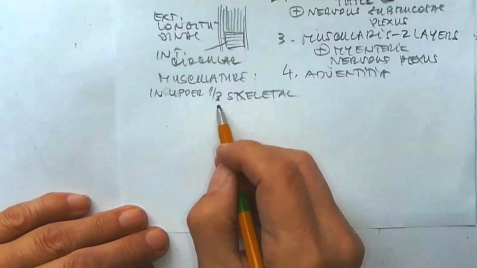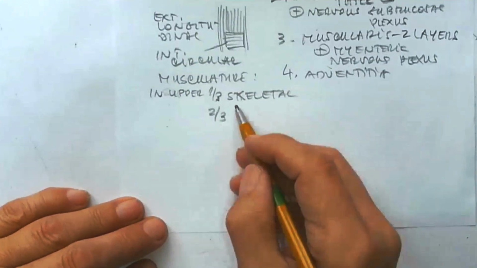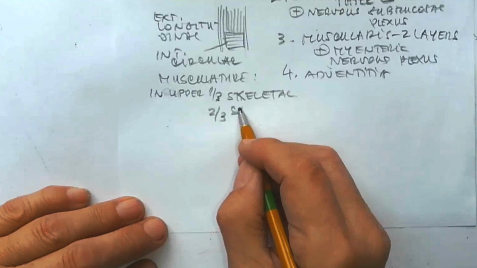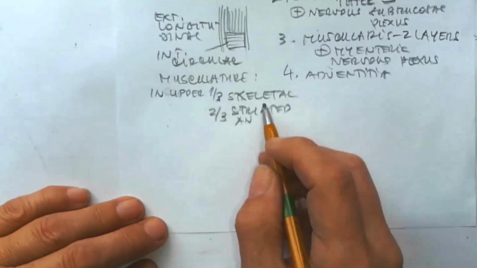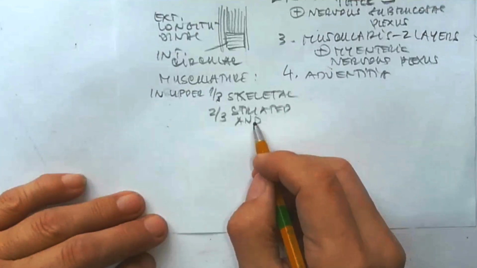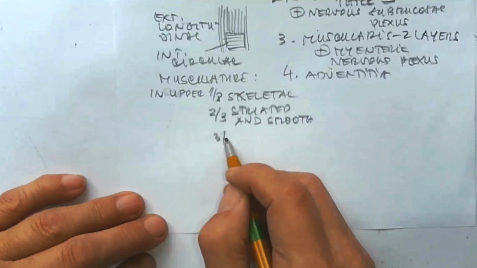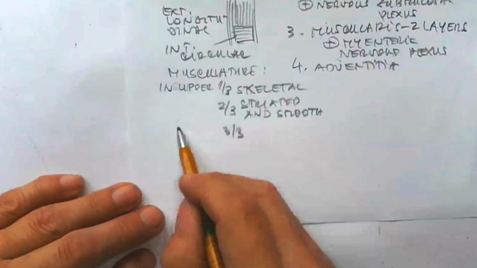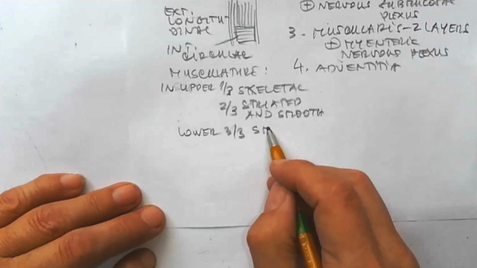The second third is striated, as we said, and smooth, both. And finally, the lower third is only smooth.